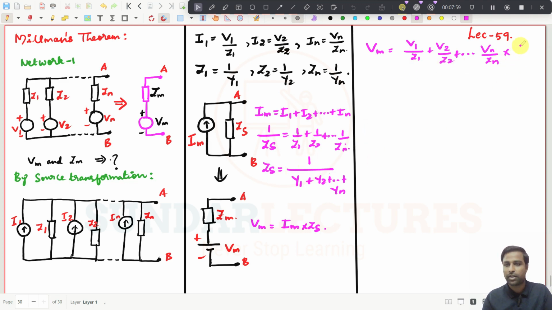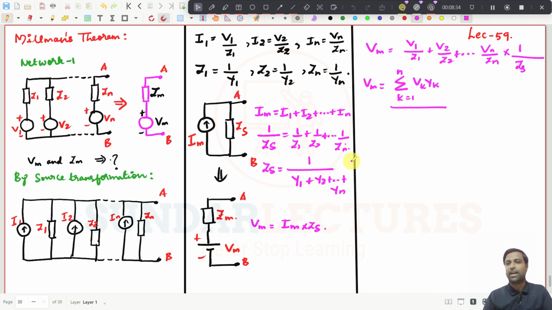So finally, Vm is equal to the summation for k equal to 1 to n. I am just generalizing the term Vk, and writing 1 by Z as Y. So Yk up to n it will come.